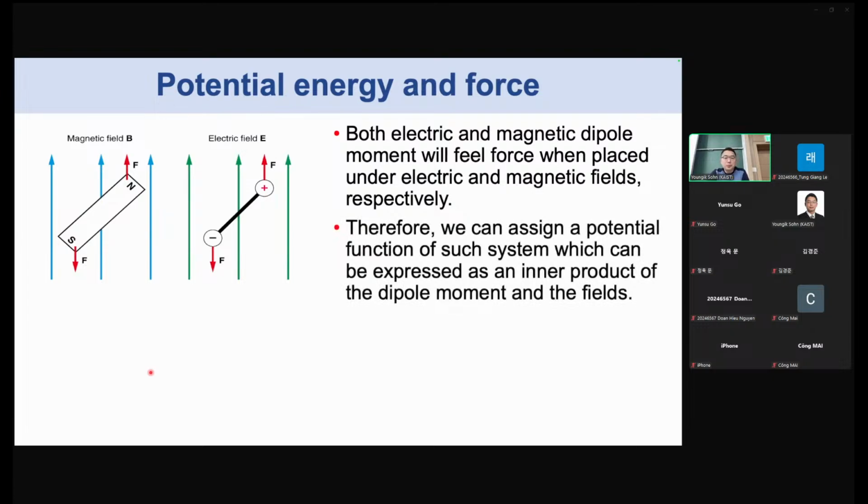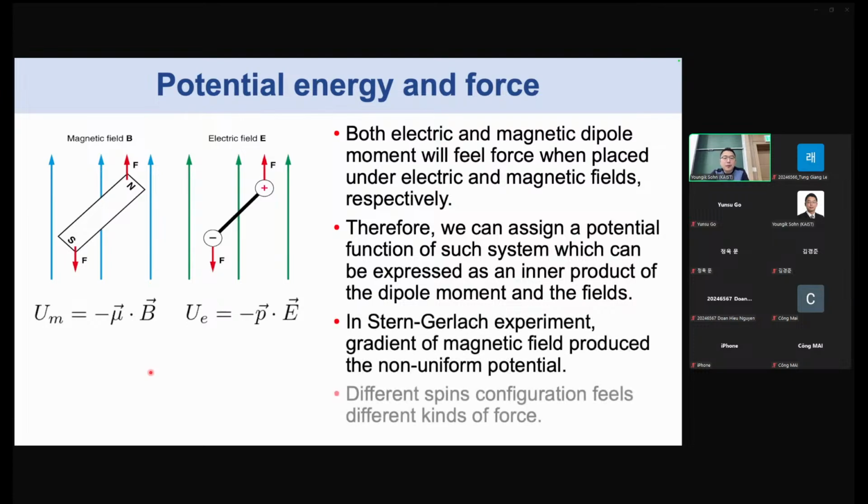For both electric and magnetic fields, it's classical electromagnetics. We're just reviewing, so you can read your textbook if you don't remember. You throw an electric dipole into an electric field, it'll feel a force. You throw a magnetic dipole into a magnetic field, it'll feel a force. Sometimes it's just a push, sometimes a torque.